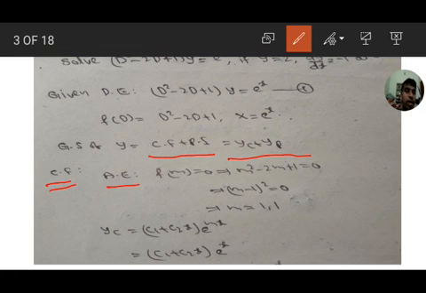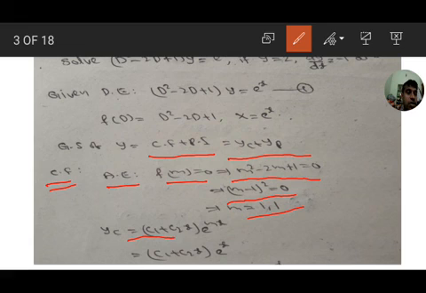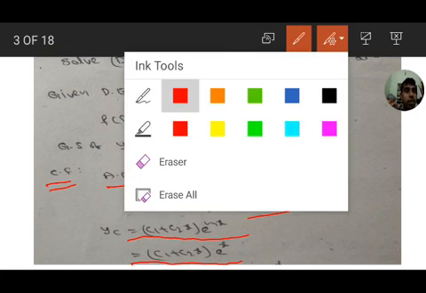So the auxiliary equation f of m equal to 0, that is m square minus 2m plus 1 equal to 0. So m minus 1 whole square equal to 0, m equal to 1, 1. So the complementary function yc equal to c1 plus c2x, e to the power of mx, that is yc equal to c1 plus c2x, e to the power of x. It is the complementary function.